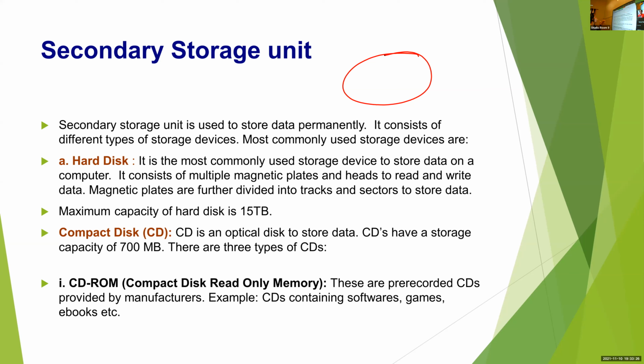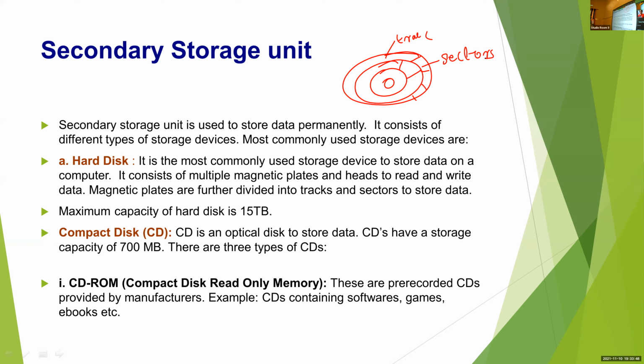So hard disk means it's a collection of plates, and each plate is divided into different tracks. This is known as tracks. And each track is divided into different sectors.